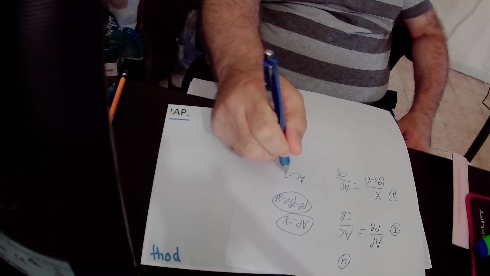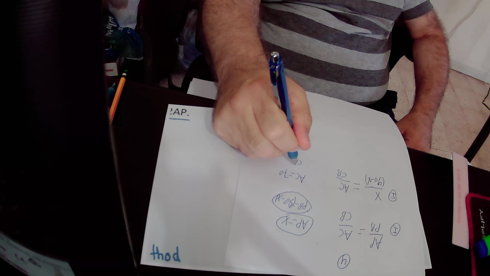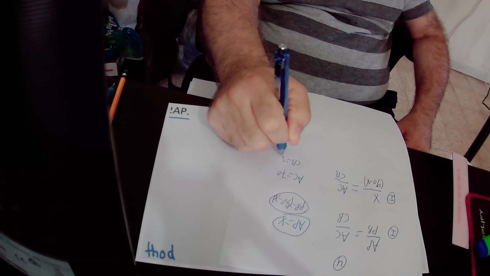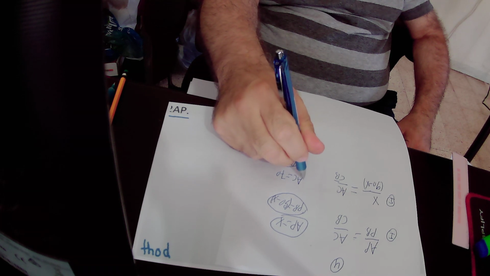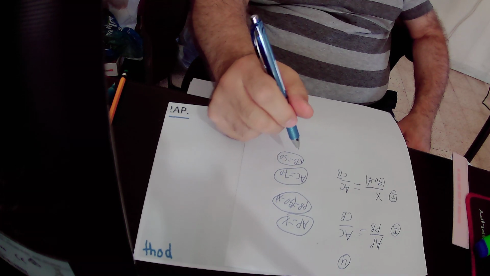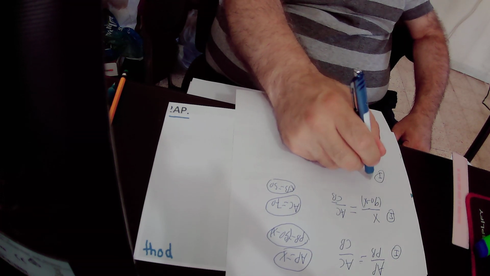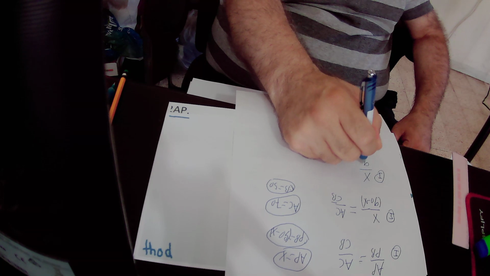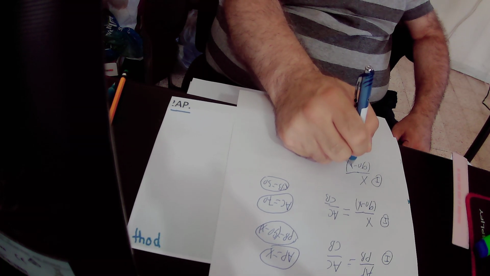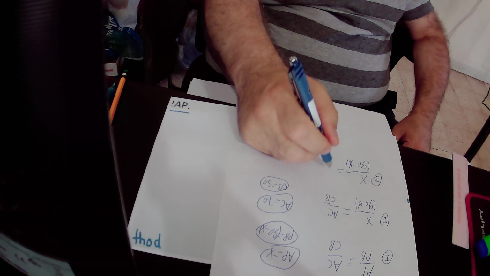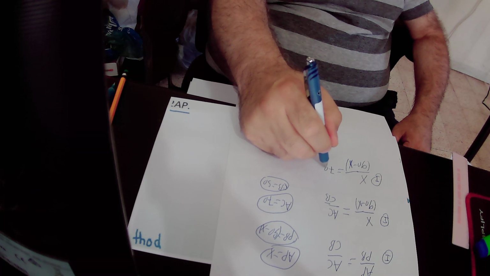AC equals 70 units and CB equals 50 units. So you can write that x over 90 minus 6 equals AC over CB.